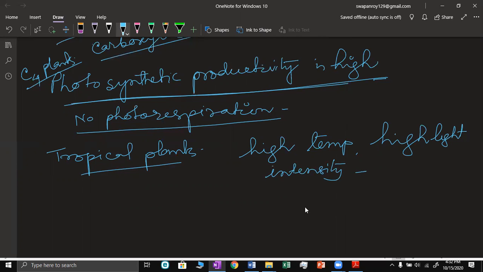And it is not affected by high oxygen concentration.